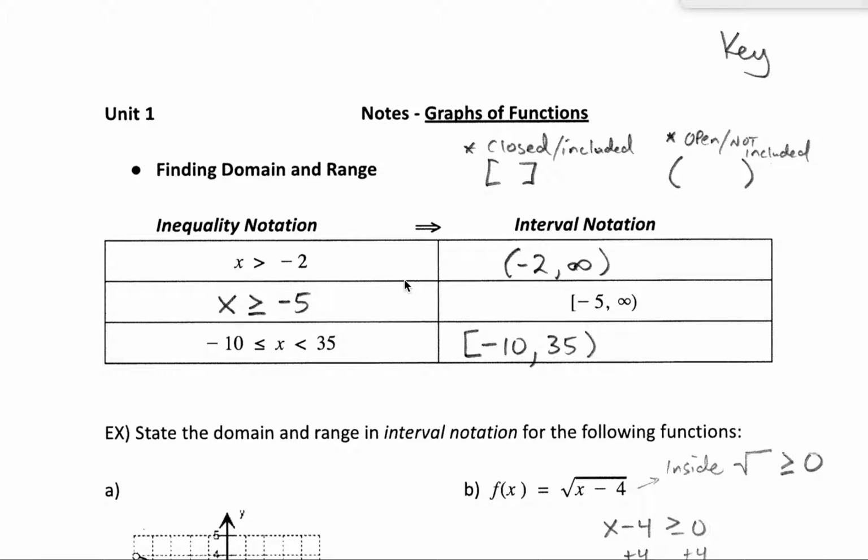So to symbolize that in interval notation, we would say -2. That's where we're starting, and then we're going greater than that. So we're going to use a parenthesis because we're not including -2. Values that are greater than -2 would go up to positive infinity and beyond. And we can never capture infinity or include it, so we always use a parenthesis when using infinity.